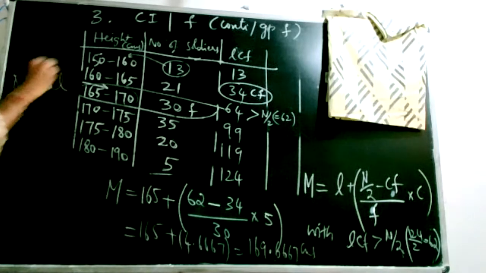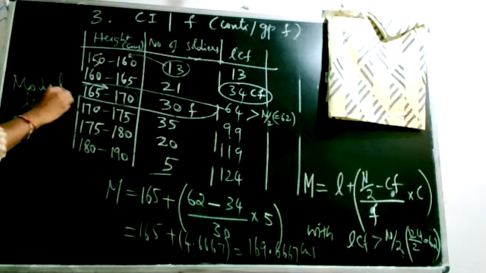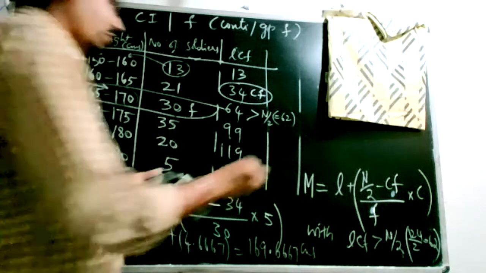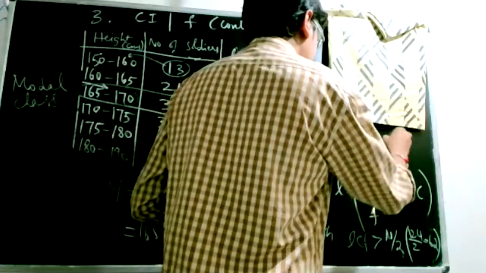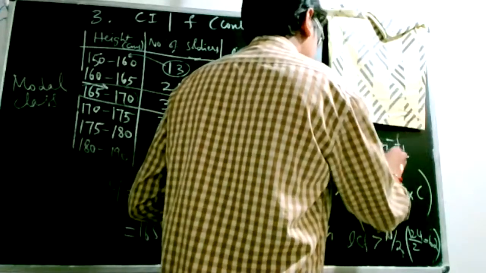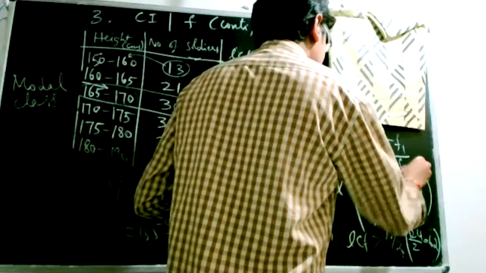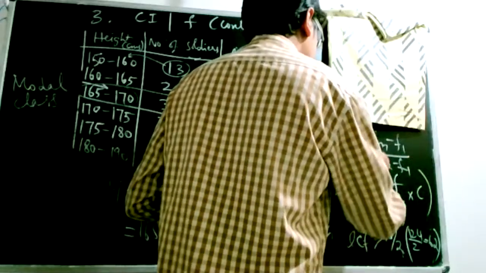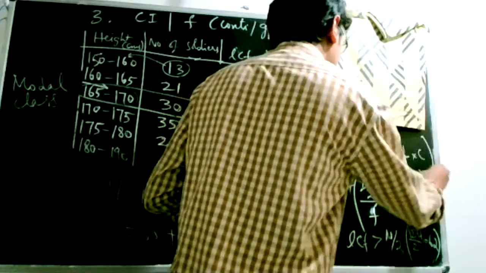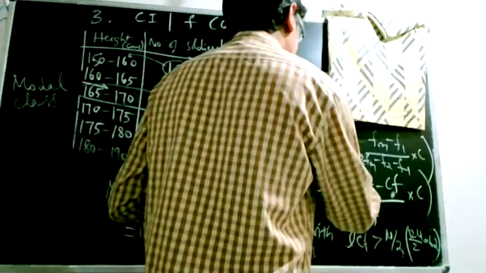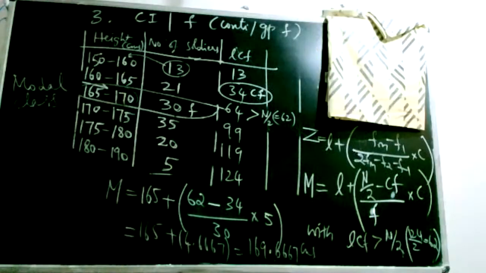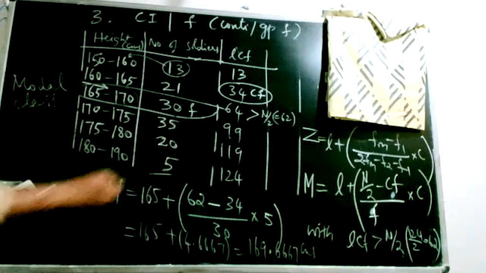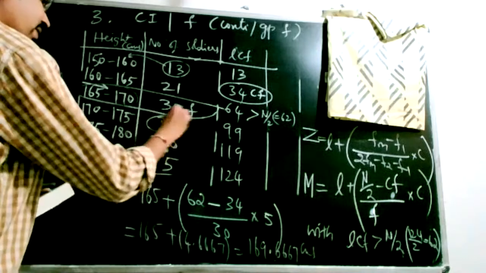Next, we'll learn how to compute the mode. For mode, we have to obtain the modal class. That is the class interval where the value of mode lies, and that is given by the formula L plus (Fm minus F1) divided by (2Fm minus F2 minus F1), and Fm is the highest frequency.